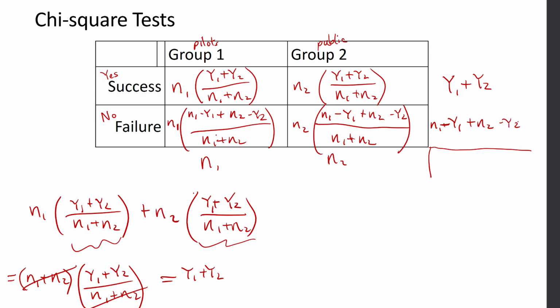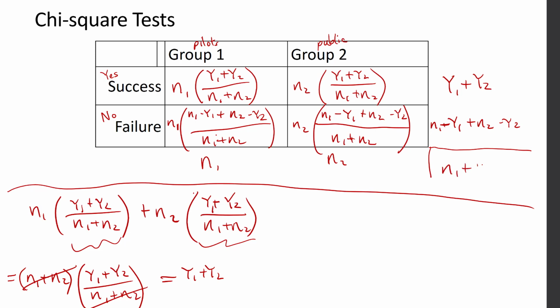And if I add up my total sample size, if I add up my column totals, I get N1 plus N2. And if I also add up my row totals, these total expected number of successes and expected number of failures, notice that I again get N1 plus N2. So I get Y1 minus Y1, Y2 minus Y2, and then I'm just left with N1 plus N2.